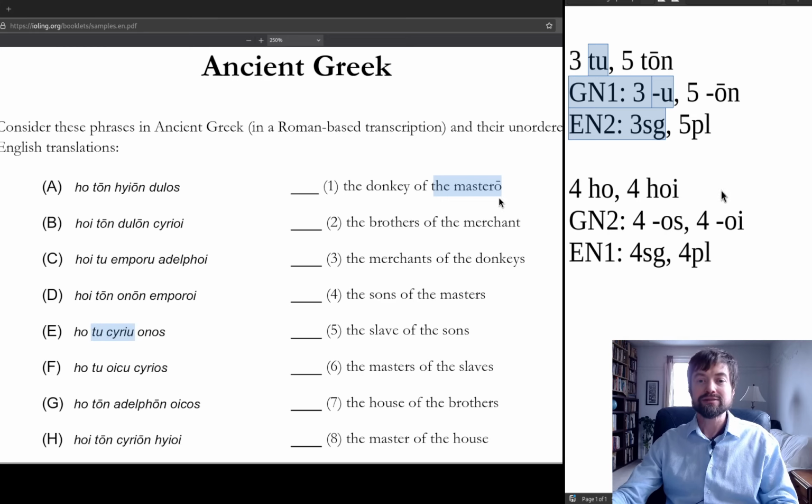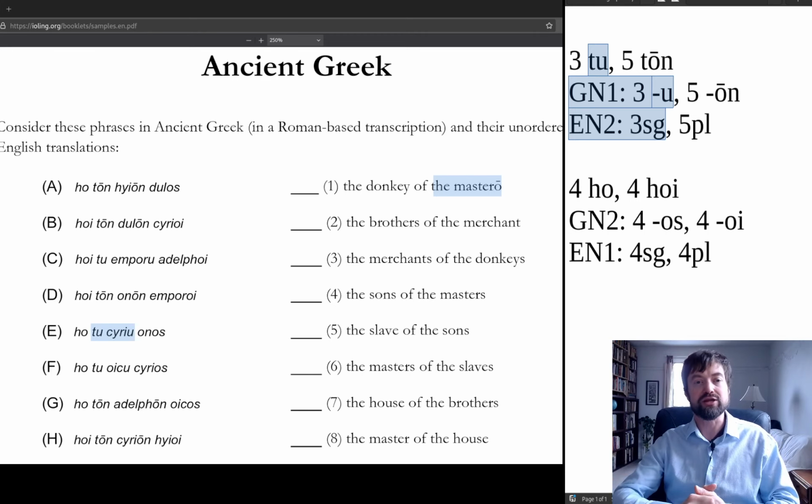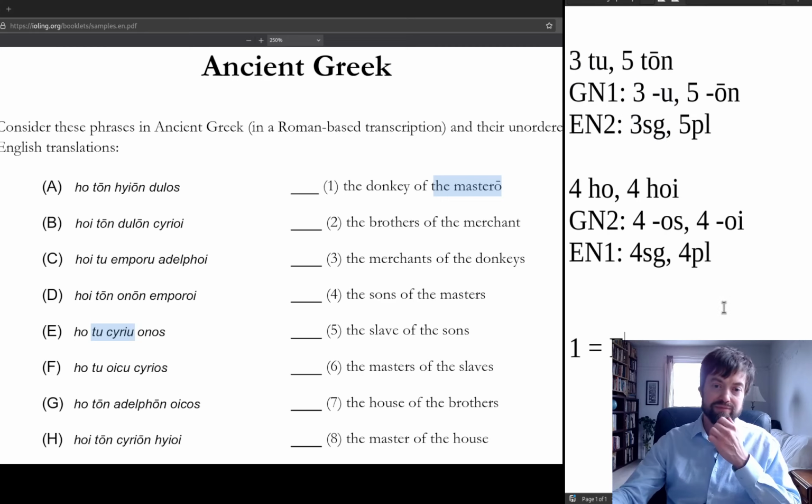So this is now the leverage. This is the key. It's got us in, because now we have enough information to start the cascade. Here the cascade is: we know we can match number 1 to number E. That is now clear based on the information we have.